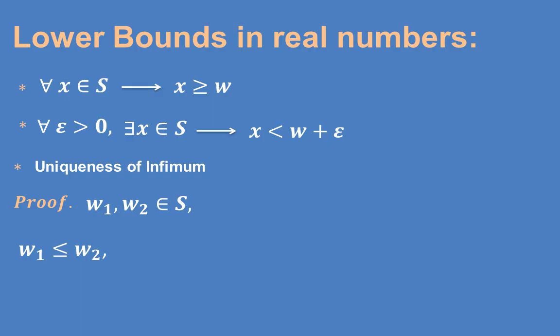And also, since W2 is an infimum of S, and W1 is a lower bound of S, W2 is less than or equal to W1. Then, by the law of trichotomy, this implies that W1 is equal to W2. So, the infimum of a non-empty set of real numbers that is bounded below is unique.